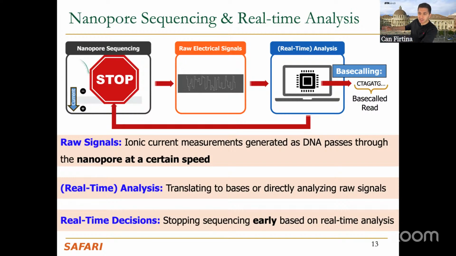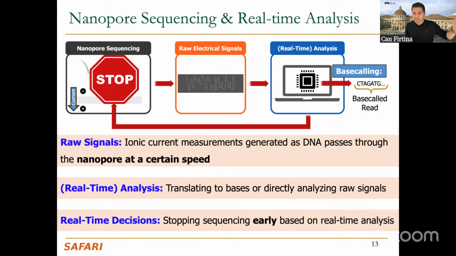Maybe we're just interested in the human reads, but the read that we're analyzing is not coming from human, as far as we understand so far. So we can tell the sequencer to stop sequencing that read early without fully sequencing it. This is an approach that is known as adaptive sampling. We are adaptively taking a decision to sequence or not sequence that read.